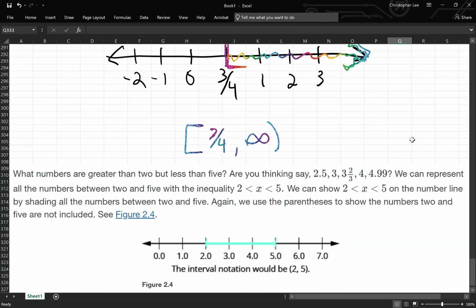x less than 5. So now I'm talking about enclosing a portion of the graph, right? So we can show that 2 less than x less than 5 on a number line by shading all the numbers between the numbers 2 and 5. Again, we use the parentheses to show the numbers 2 and 5 are not included.